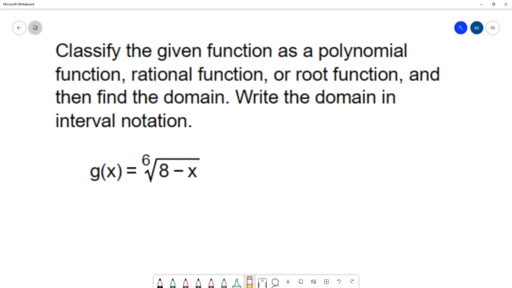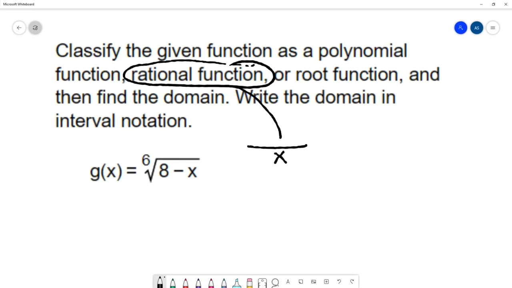Now there are very technical definitions for these functions, but we're going to just jump right to the point and get a practical way of identifying what type of function this is. For a rational function, you're going to be looking for a fraction bar with a variable in the denominator.